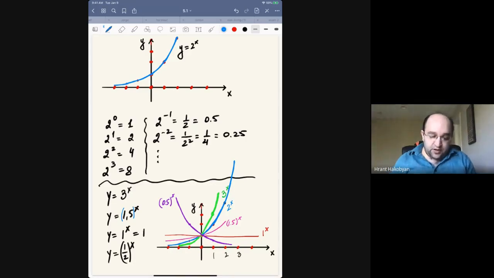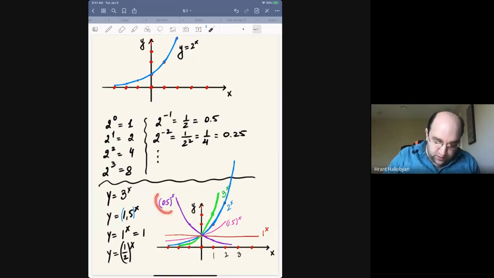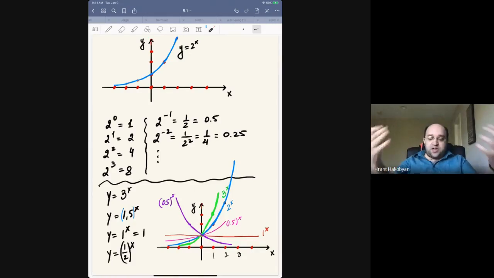On the other hand, if you look at 0.5 to the x, this purple curve, it becomes small really fast, and that's called exponential decay. Something becomes half of its size.